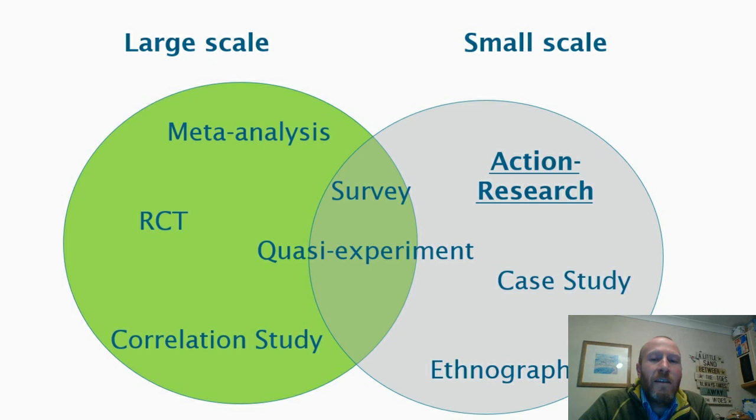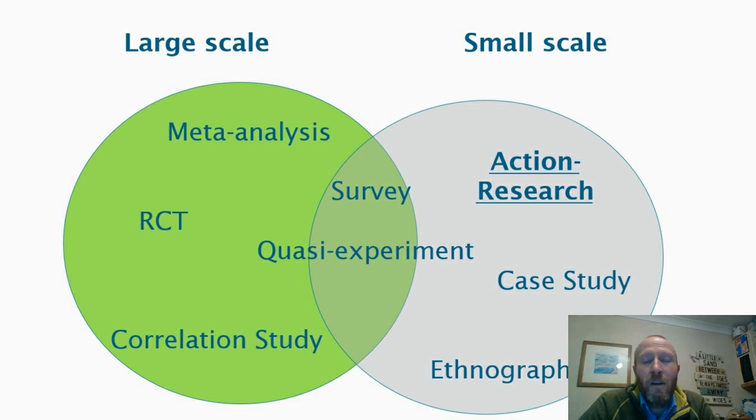And this is kind of how those research styles overlap. So the green circle is stuff that works at large scale, and of those things, meta-analysis, randomized controlled trials and correlation studies can only be done if you've got really large scale data. And action research, case study and ethnography can only be done at small scale.